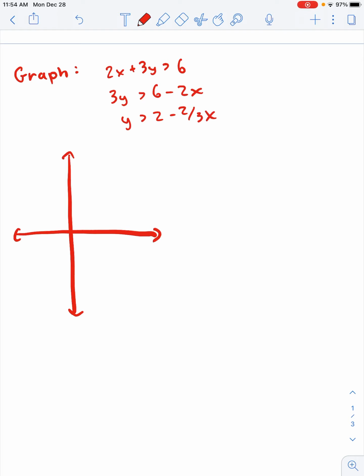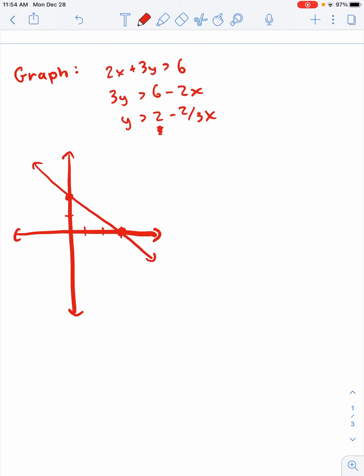Okay, so then remember y = mx + b, this is going to be our y-intercept at (0, 2). And then my slope, I'm going to go down 2 and over 3 to get my x-intercept, and my boundary line is going to look like this.